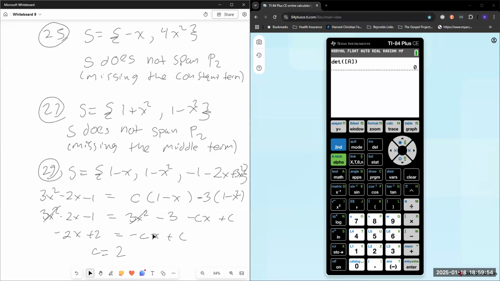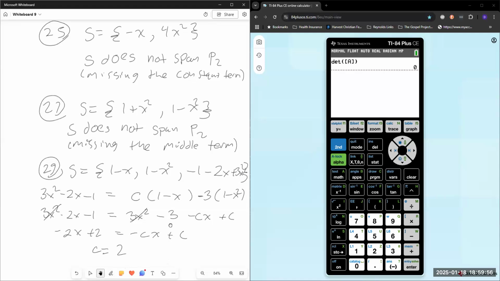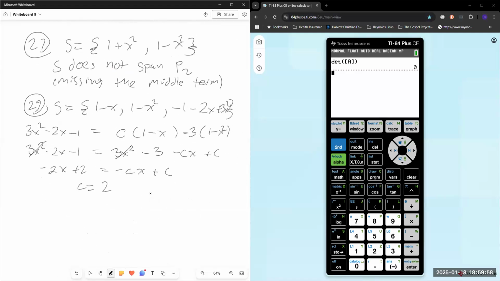And that tells me that they are a linear combination of each other, that I could write S3 is equal to 2S1 minus 3S2.